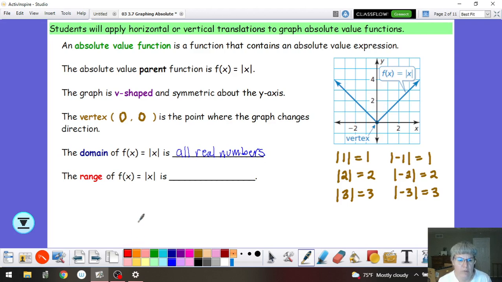The range, however, remember the range is the y values, and this doesn't have any values below the y value of 0. So from 0 up, we have values on our graph. So we can say that the range is y greater than or equal to 0. And this is for the parent function. If we were to shift this graph up or down, it would affect our range. And we're going to see that here in a little bit.